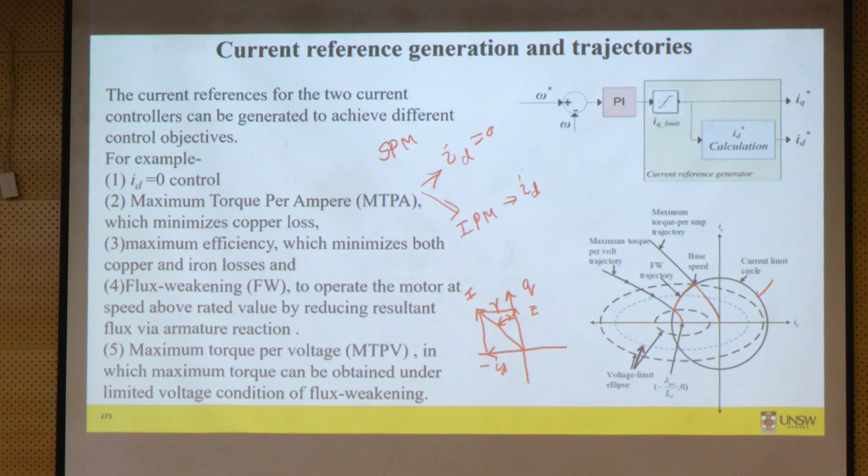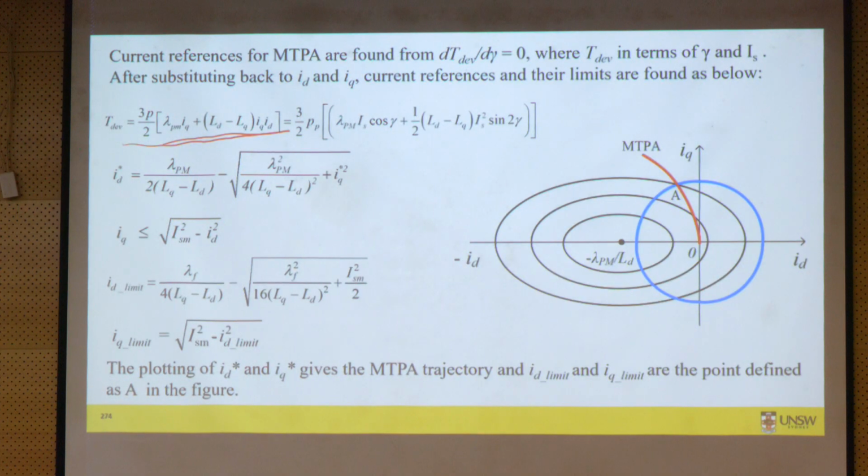So to find this, you will use the torque equation, differentiate it with respect to the gamma angle and equate it to 0, okay, the maximize or minimize condition. So in this case, maximization of torque with respect to the gamma angle. If we use this condition, we will be able to calculate an Id current, and that is actually your reference current for the MTPA condition, okay.